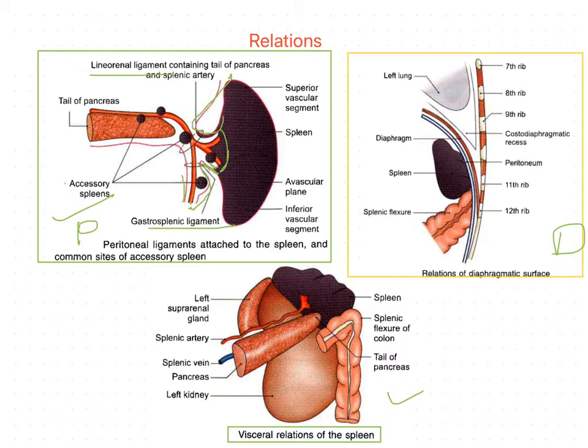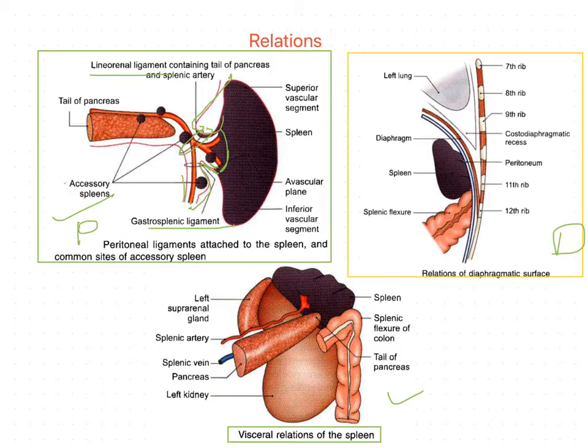It also contains the tail of the pancreas, the splenic vessels and associated pancreatico-splenic lymph nodes, lymphatics and sympathetic nerves. So this is the lienorenal ligament. Normally the peritoneum is suspended by these ligaments.